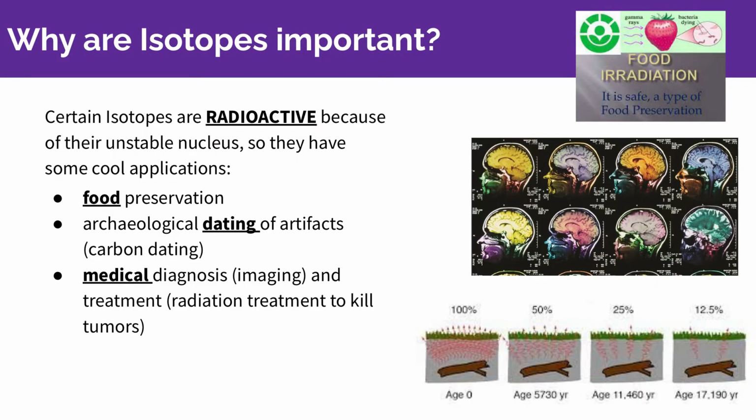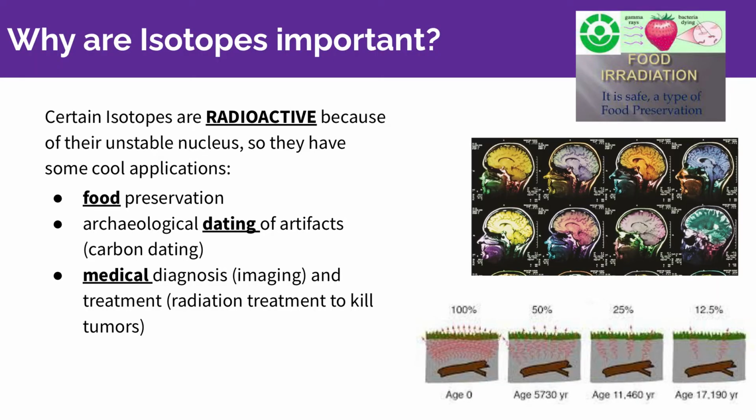So why are isotopes important? Certain isotopes are radioactive because of their unstable nucleus. So they have some pretty interesting applications. You can use them in food preservation, archaeological dating of artifacts, so carbon dating, knowing how old certain fossils are and everything.